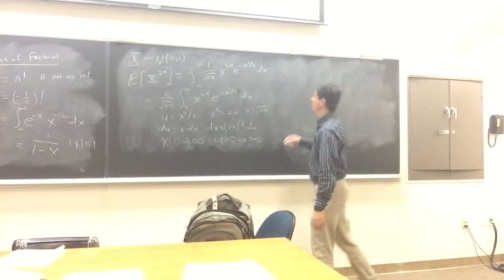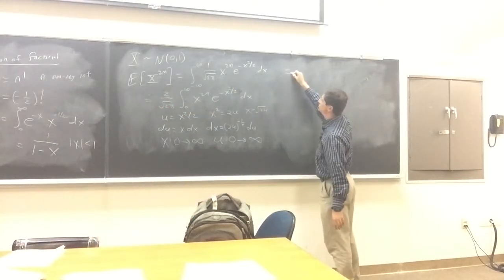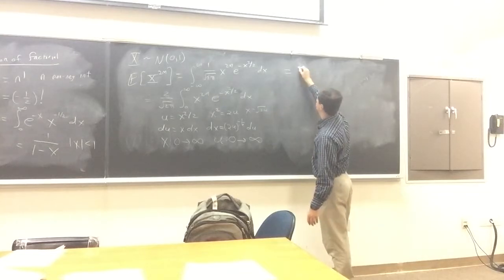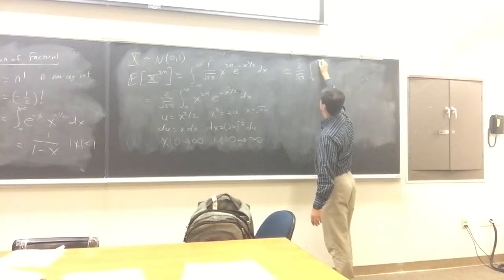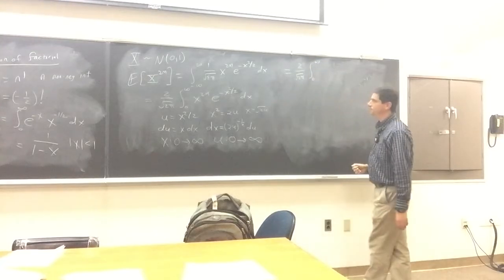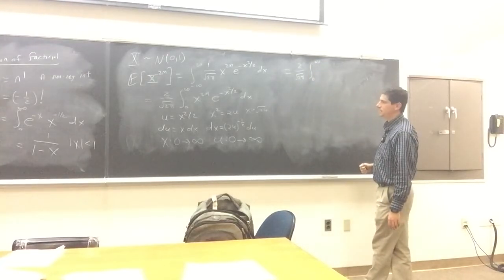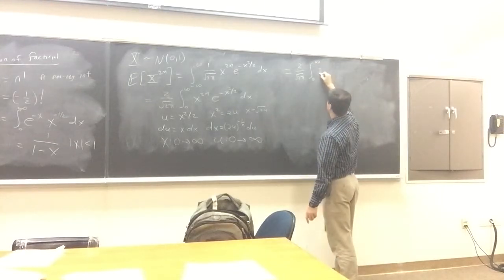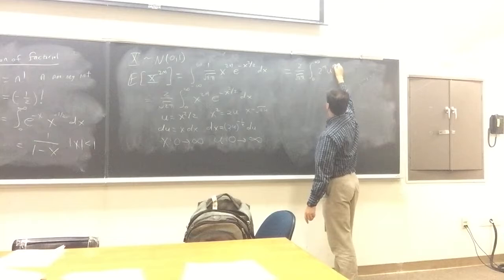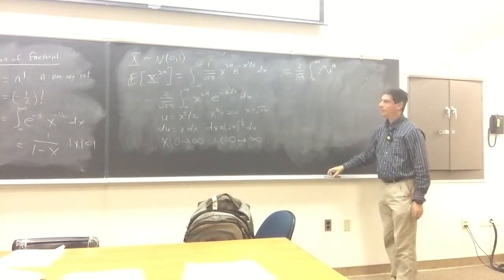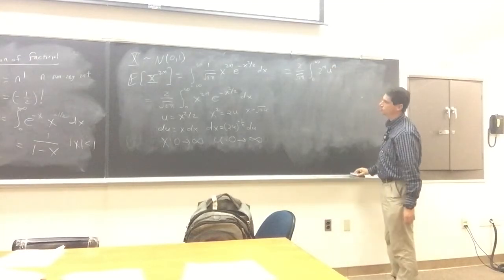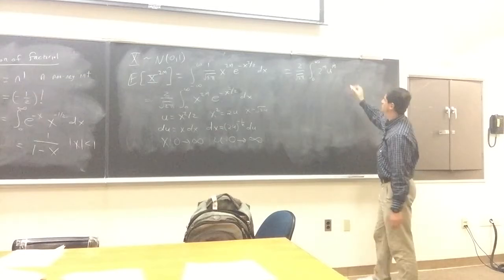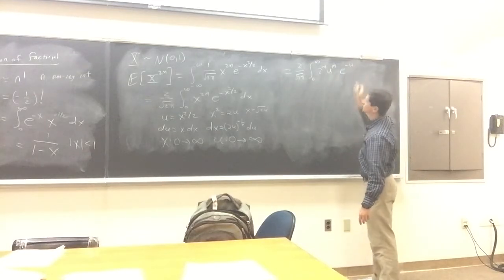Okay, so now we're calculating the expected value, and this is going to equal 2 over square root of 2 pi, integral from 0 to infinity. x to the 2m is now the same as 2u to the m, so it'll be 2 to the m, u to the m. And now we have e to the negative x squared over 2, which is going to be e to the negative u.